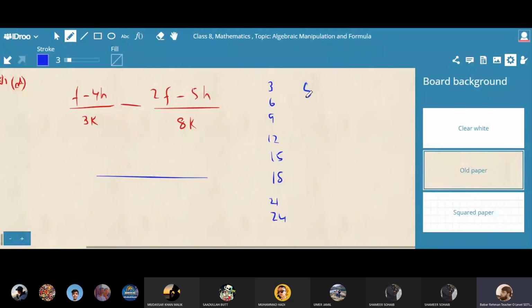What about 8? 8, 16, 24, 32. What comes first in both, the whole multiples? 24, 24, 24. Okay, how can I make this 24?